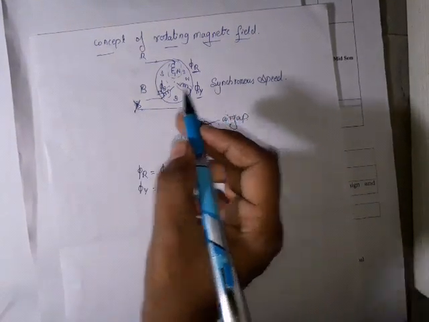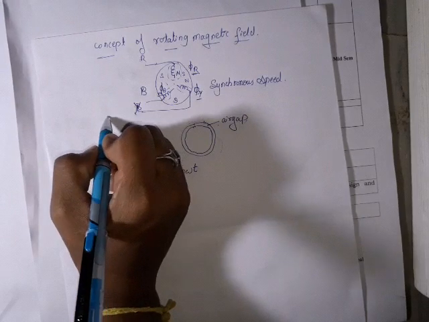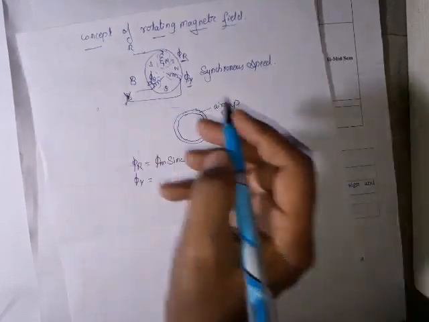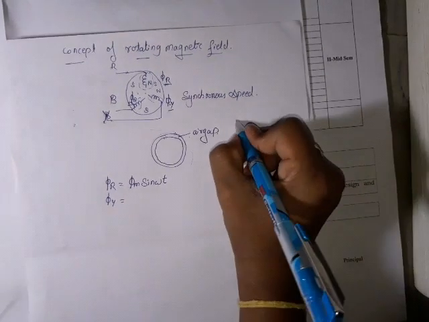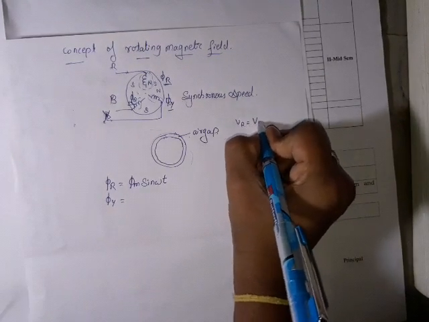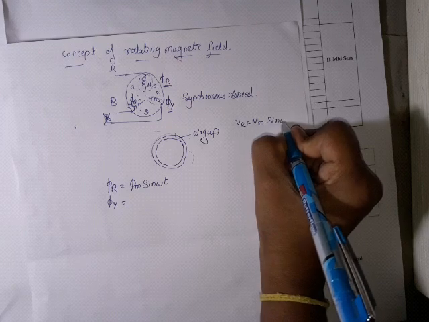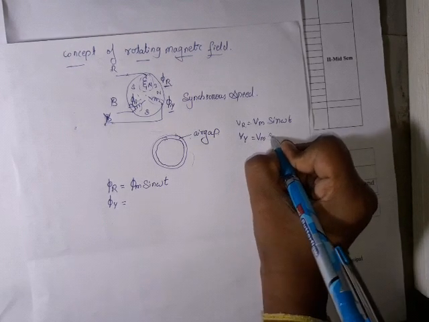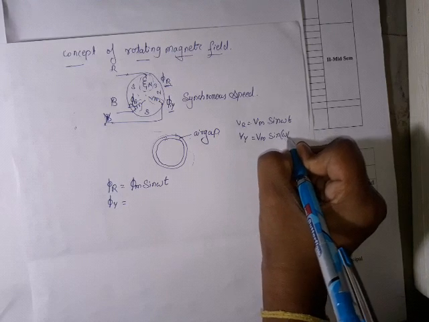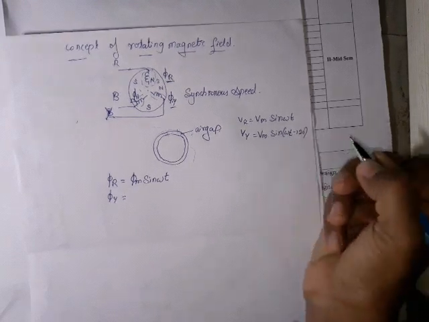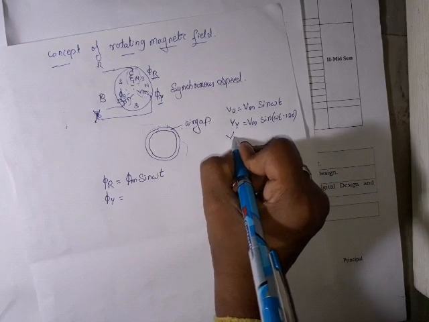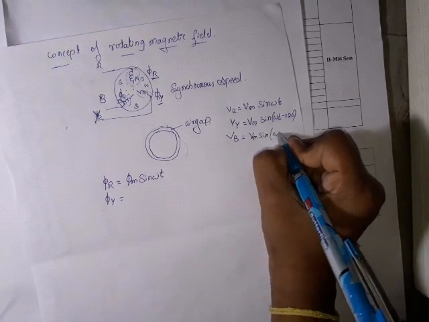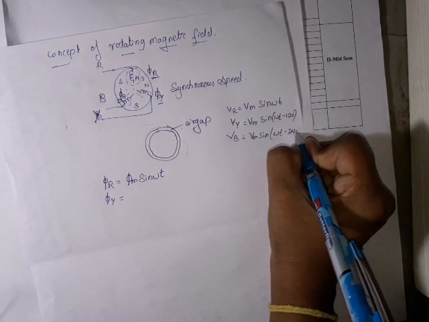Why minus 120 degree? Because in a three-phase supply, each phase is separated by 120 degree. Similarly, VB equals Vm sin(omega t minus 240).